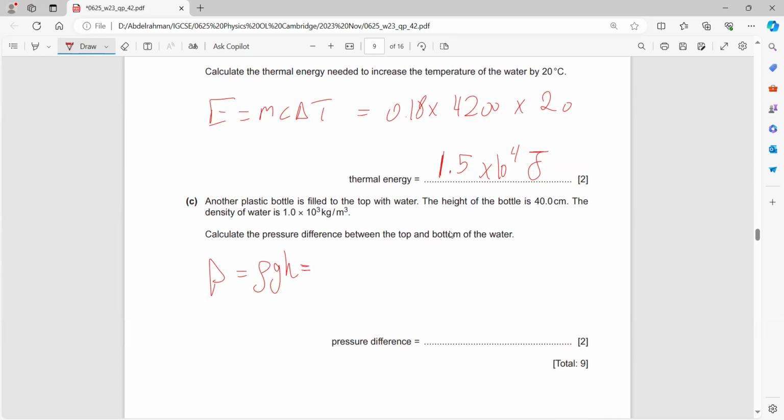Rho is 1 times 10 to the power 3, which is 1,000, times g, 9.8, times the height, 40. You have to convert it to meters, so divided by 100, which is 0.4.